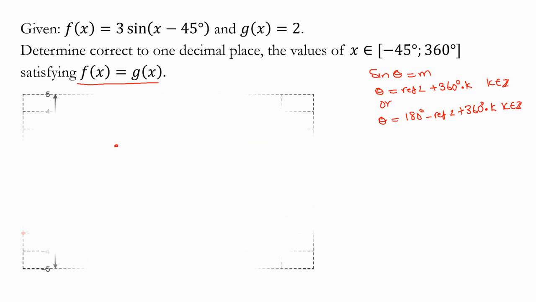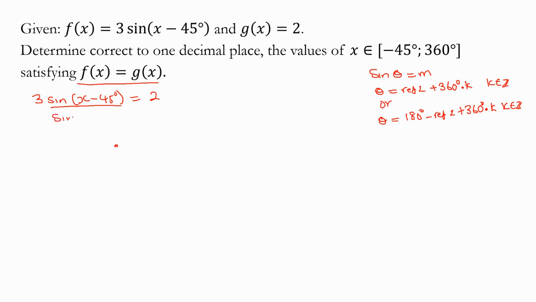So we have f(x) = g(x), meaning that 3 sin(x − 45°) = 2. We have to isolate this part, so we divide by 3 on both sides of the equation.